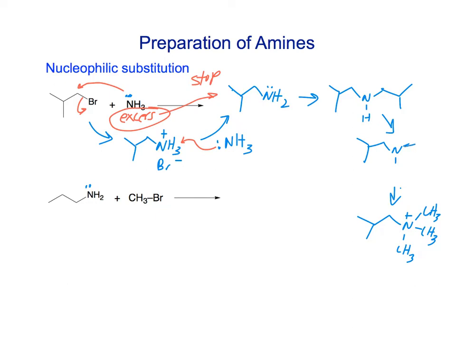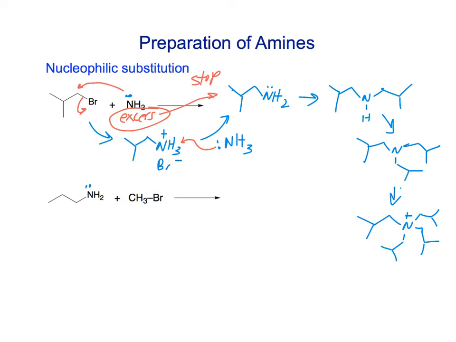Here we have 2 isobutyl groups, 3 now, and the bottom one would have 4. Like that. Is that better?